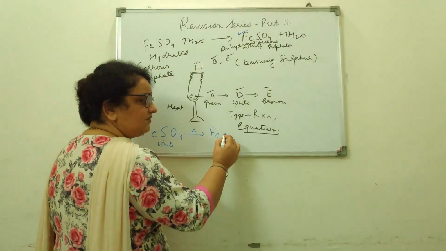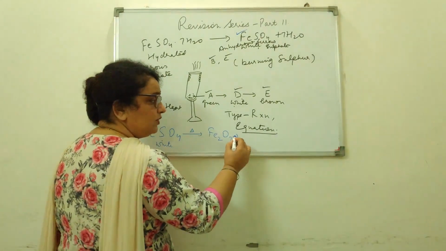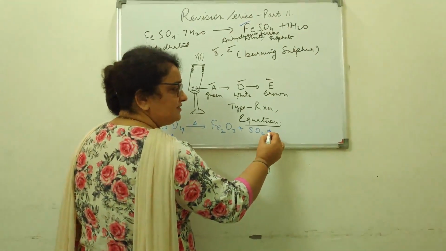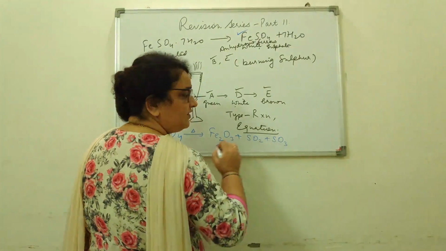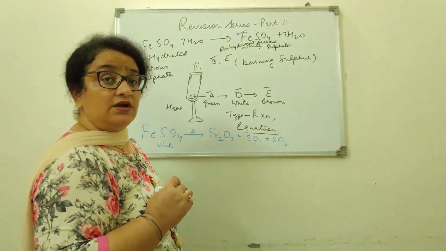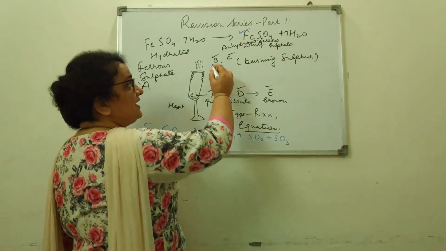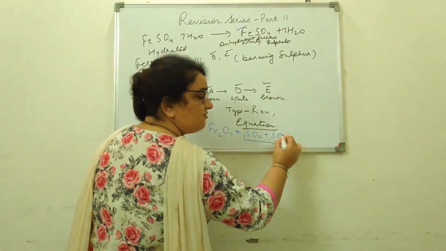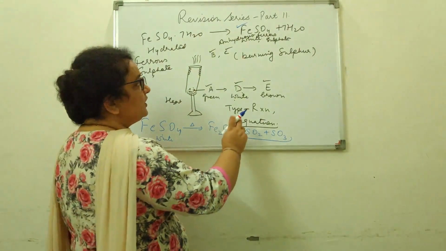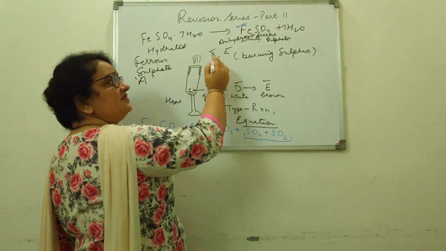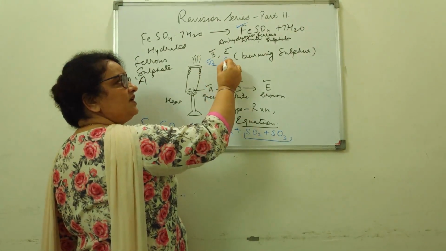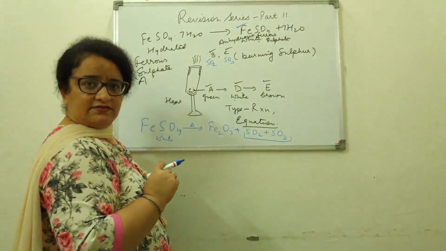Ferric oxide, Fe2O3, with the evolution of two gases, SO2, that is sulfur dioxide, and sulfur trioxide. You remember this reaction? The gases, we know, have a burning sulfur smell. So the answer to B and C is sulfur dioxide and sulfur trioxide.